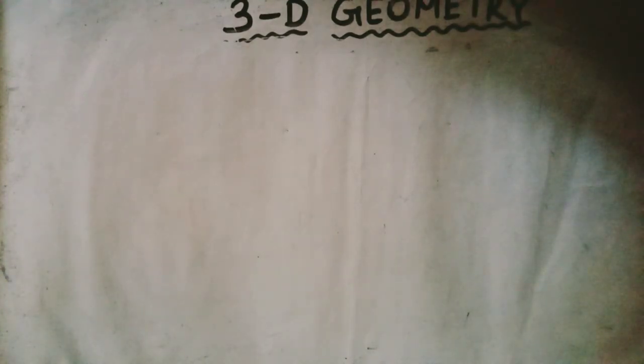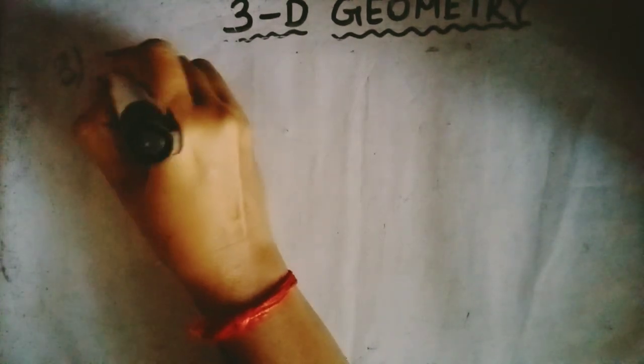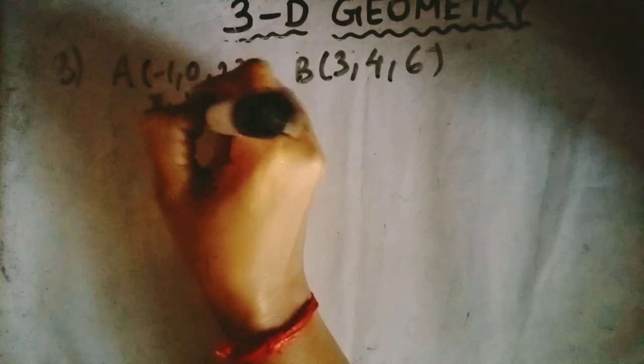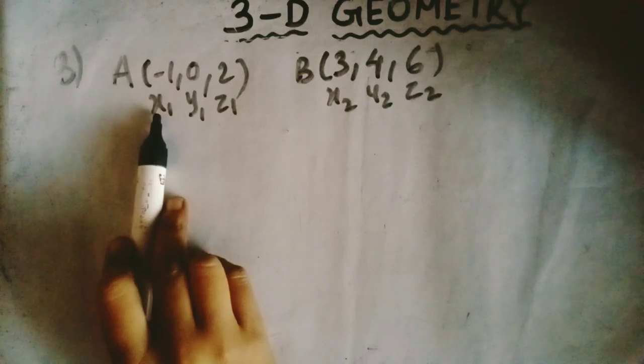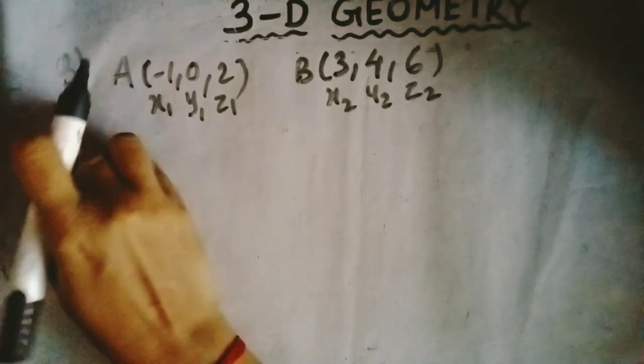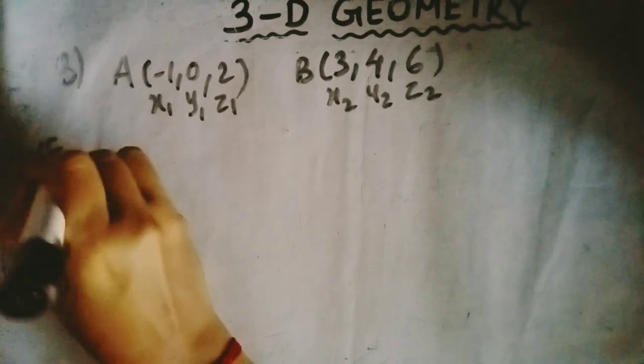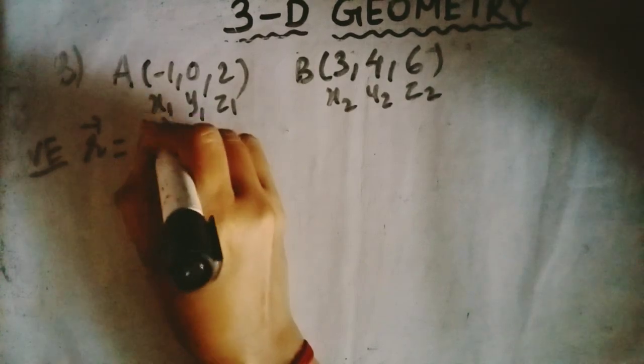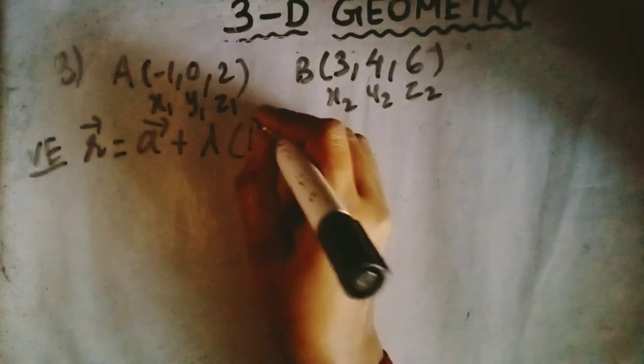Let's solve one question. Find a vector equation for the line passing through the points. You can take A point as (-1, 0, 2) and B point as (3, 4, 6). You can label these x1, y1, z1, x2, y2, z2. This is your A vector. So the vector equation is r equal to a plus lambda (b minus a).